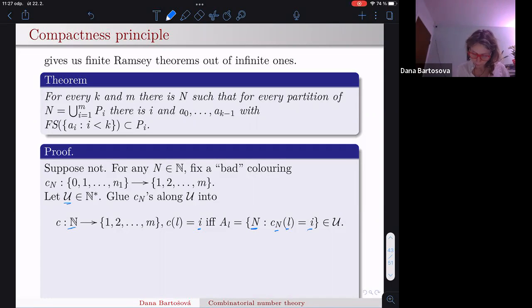Because for each j, I can look at all those n's such that C_n(L) equals j, and I'm going to run through the colors. Well, this partitions natural numbers, right? Because every coloring corresponding to n does have an opinion about what color L should get, right? So this covers all natural numbers. This is a partition of natural numbers.